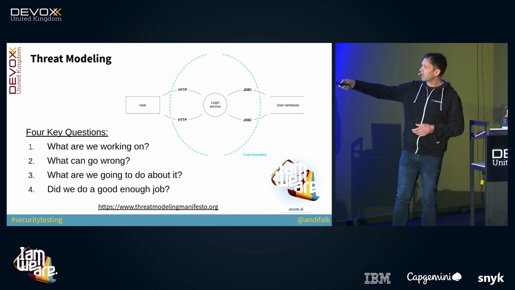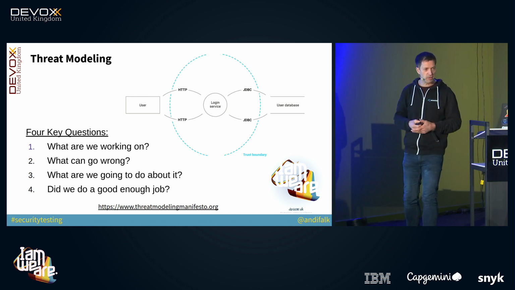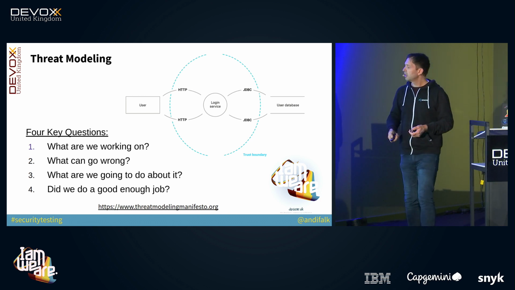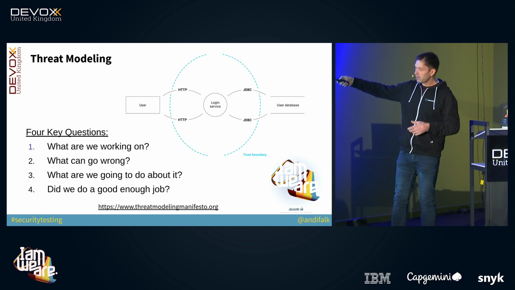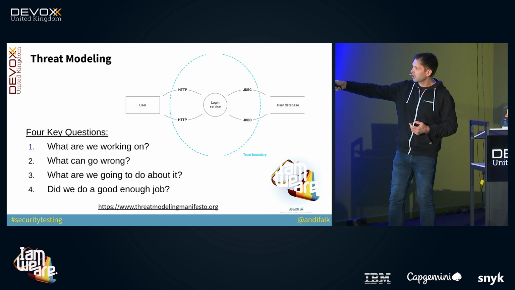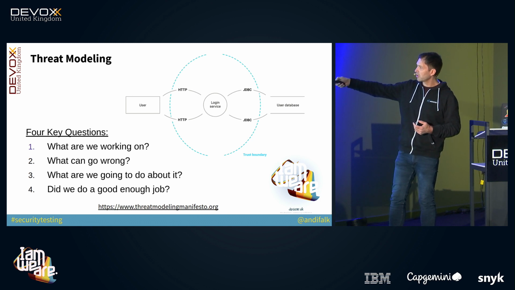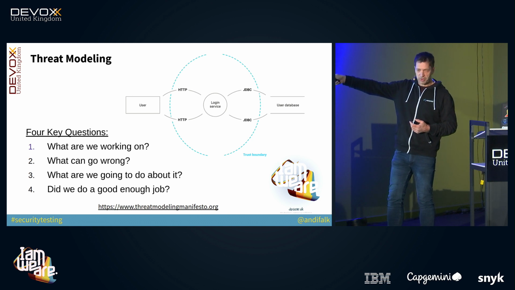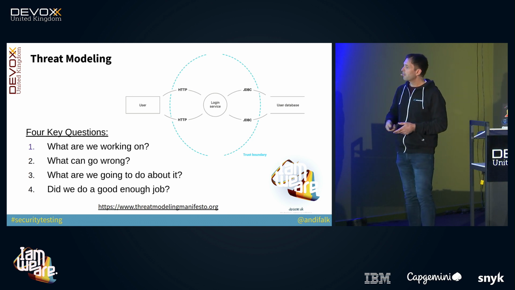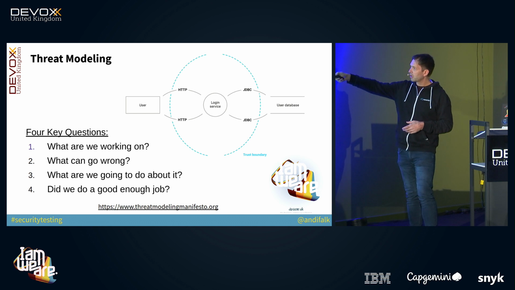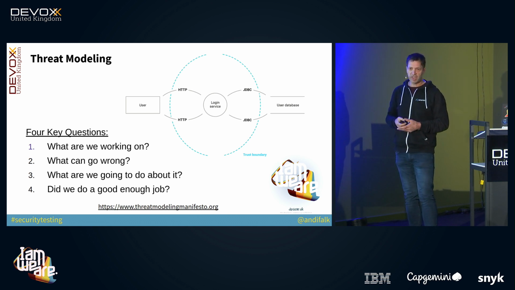This is a very simple one. You have a login service, maybe running in the cloud. You have a user database, maybe running on-premise in your data center, and you have a user that interacts with that login service over some protocol. In that case, it's the insecure protocol HTTP. And here you have another protocol communicating with the database.